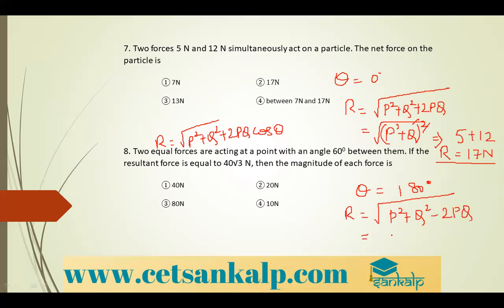Again, it is in the form of P minus Q the whole square under root. Root and square cancel, so we get P minus Q. So R magnitude is 7 Newton.